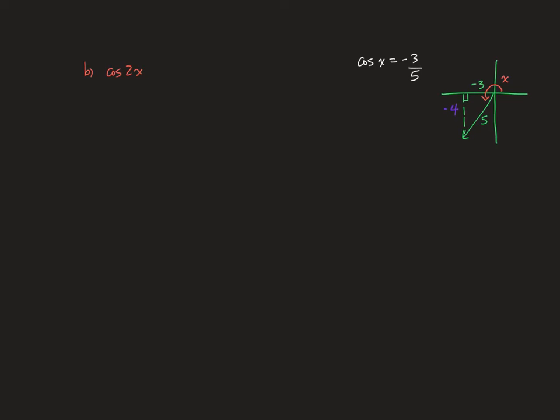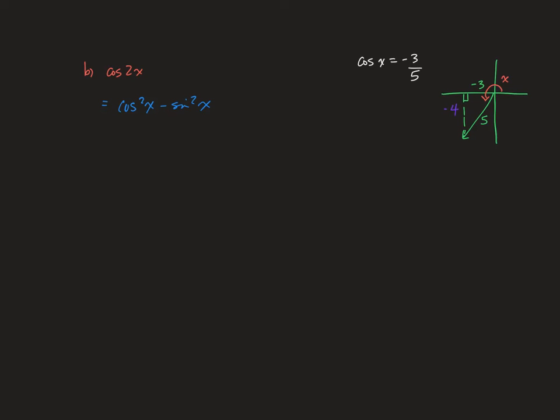So, I'm going to work my way through question B, and I just want you to notice that if we had gone through and solved A first, then we're probably doing something like this. Okay, well, I know that my cos 2x is equal to cos squared x minus sine squared x.